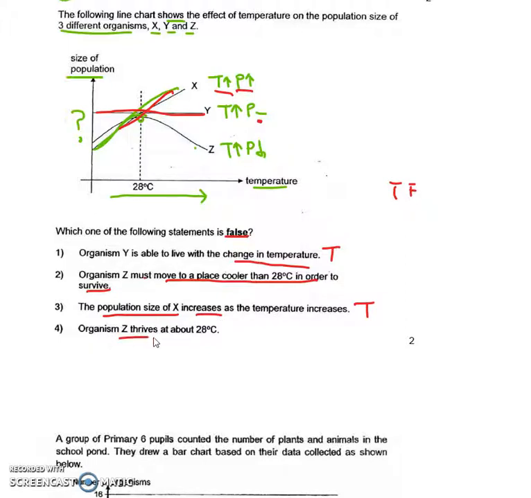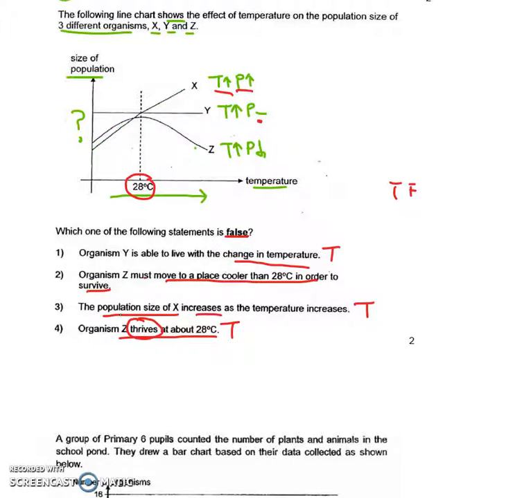Organism Z thrives at about 28 degrees Celsius. This is an important word. Thrives means to have the most number of, or able to reproduce the most and be the largest population. If you look at it, that's quite true. At 28 degrees Celsius, organism Z is the most. So that would be a true statement.